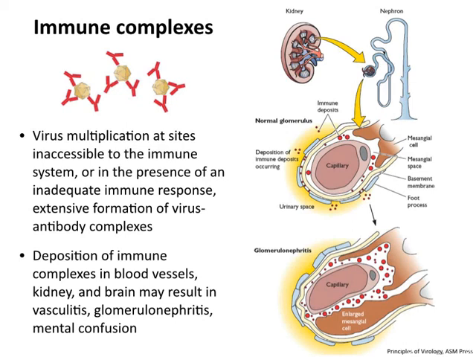So here on the right is an example of this happening in the kidney. Here's a normal glomerulus. You have a capillary here, and the blood, of course, is flowing through this, and it's being filtered into the urinary space. And these red dots are immune deposits that are forming here. You may have an infection somewhere else, but the virus-antibody complexes are flowing through here, and if they're large complexes, they will start to get stuck and clog this area outside of the capillary.